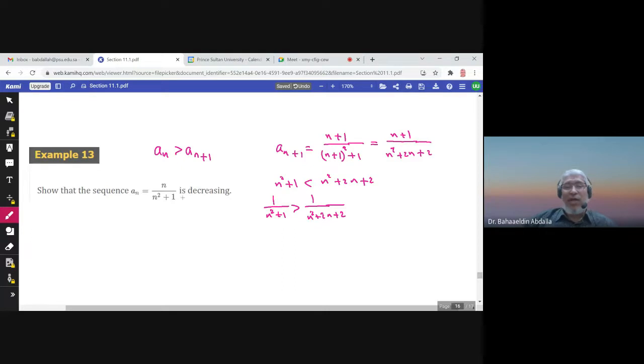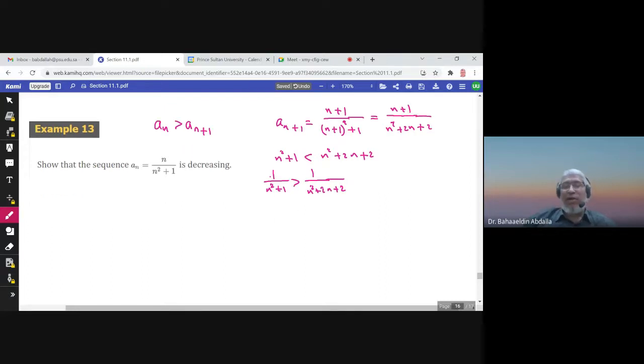Now, I need n here and n plus 1 here. So let me multiply by n. N is a positive integer, so nothing will happen. So n over n squared plus 1 would be greater than n over n squared plus 2n plus 2.